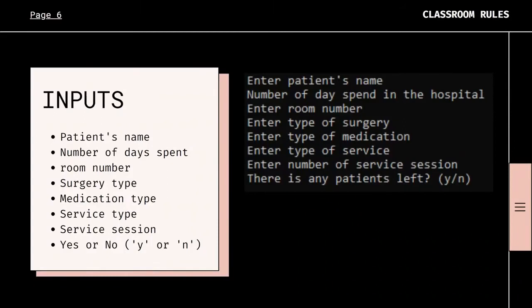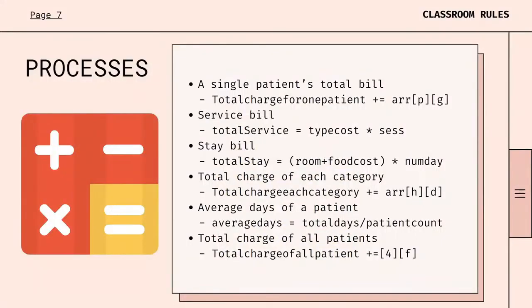So, for the specification requirements, the inputs are, as you can see, patient's name, number of days spent, room number, surgery type, medication type, service session, and yes or no. For the processes, we have calculation to count a single patient's total bill, service bill, stay bill, total charge of each category, average days of a patient, and total charge of all patients.